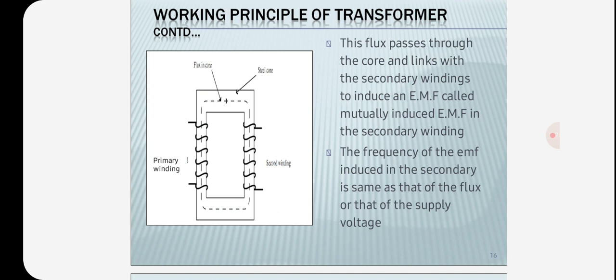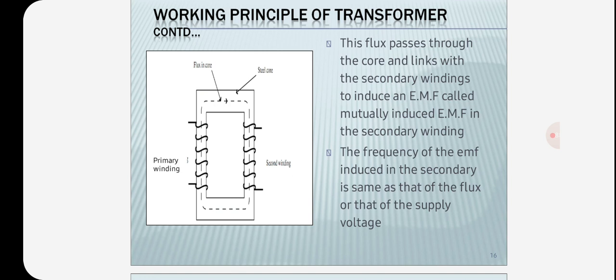When the primary winding is connected to an AC supply source with voltage V1 and frequency F hertz, a current I1 flows in the primary. This current produces an alternating flux phi in the core which varies with time.